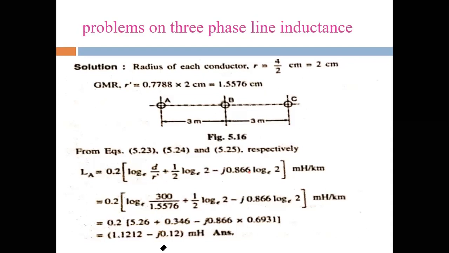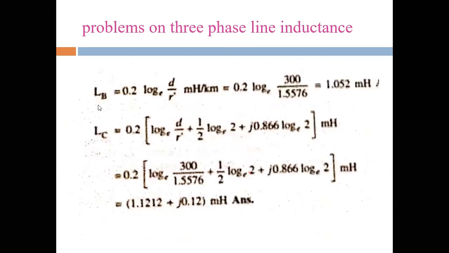Okay, after that we calculate the loop inductance, that is LB. Therefore LB is equal to 0.2 log e D by R dash. This formula is already derived in the previous derivations. What is the value for that D?